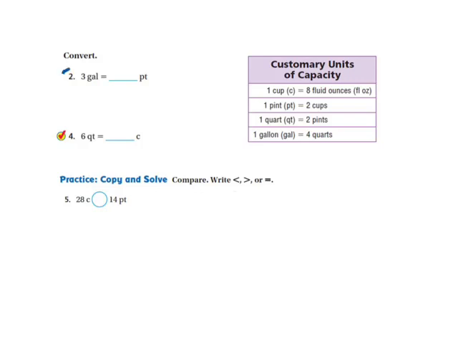For example, here we have number 2, we have 3 gallons equals a certain number of pints. Okay, so I have gallons here, but I don't see how many pints are in a gallon. But I do know how many quarts are in a gallon.